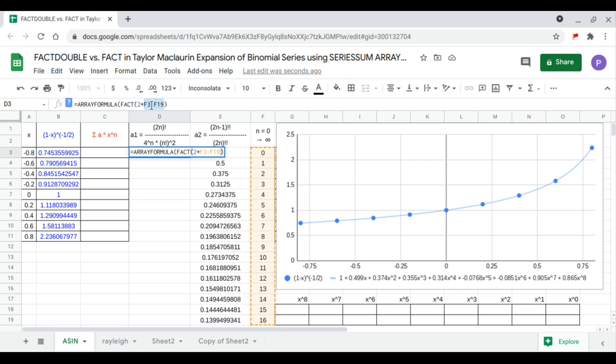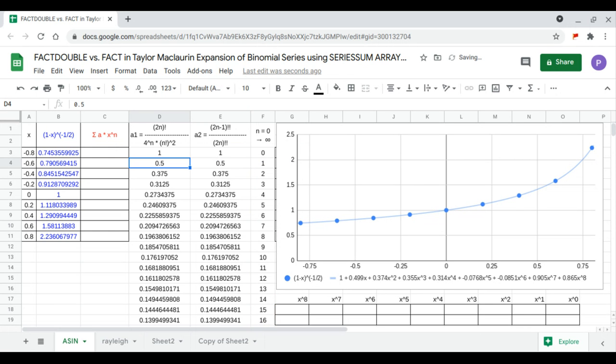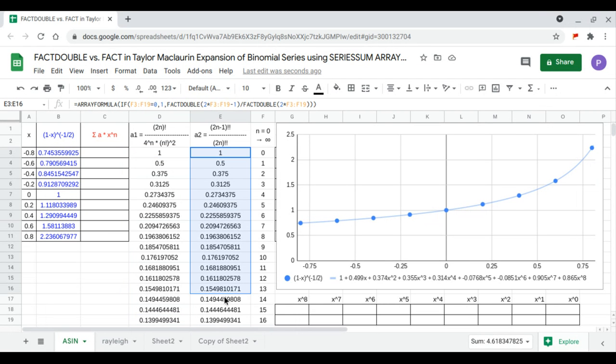We'll copy this all over the quantity because there are two parts, 4 raised to the power n times the second part, factorial of n raised to the power 2, and enter. These are both the same, so they are all equal. This column is equal to this column.